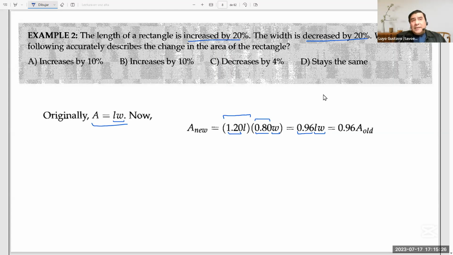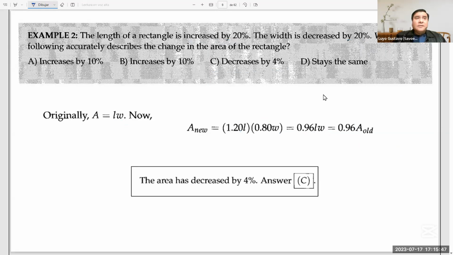So now you can see that the factor gives us the percent change. What does 0.96 mean? It is 1 minus 4%. So that means there was a decrease of 4%, right? The answer is option C.